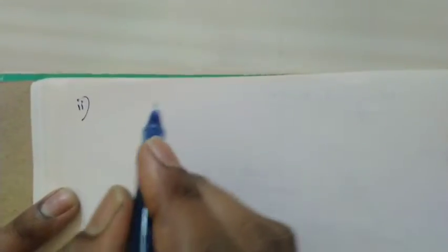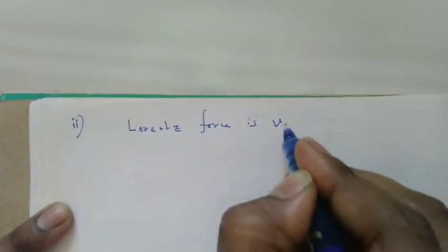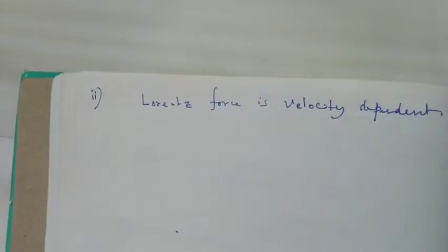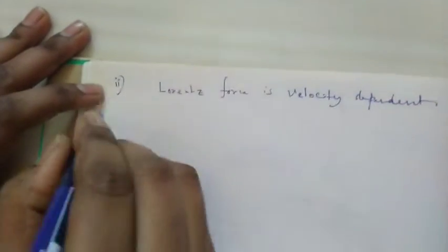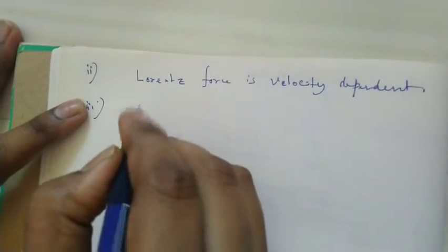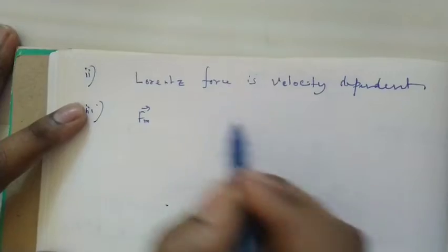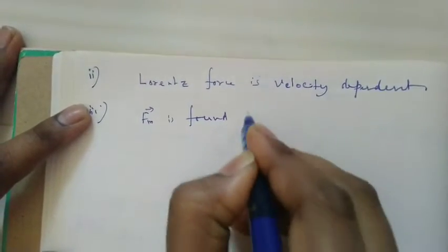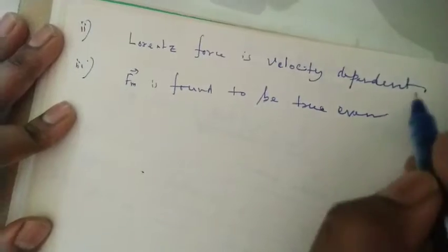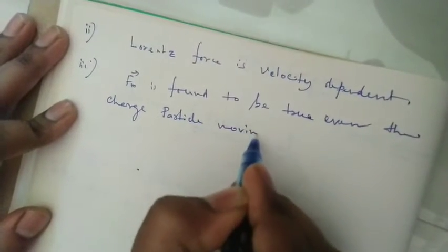Next property: Lorentz force is velocity dependent. And another interesting property of Lorentz force is that this force Fm is found to be true even for particles moving at the speed of light.